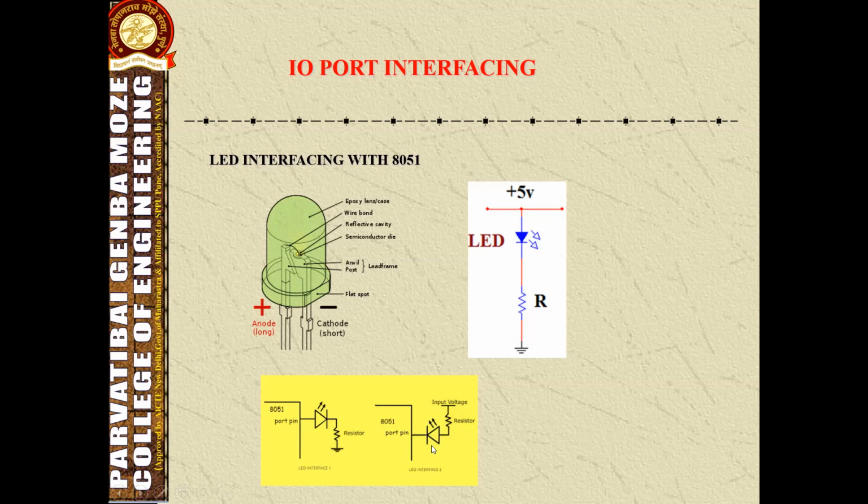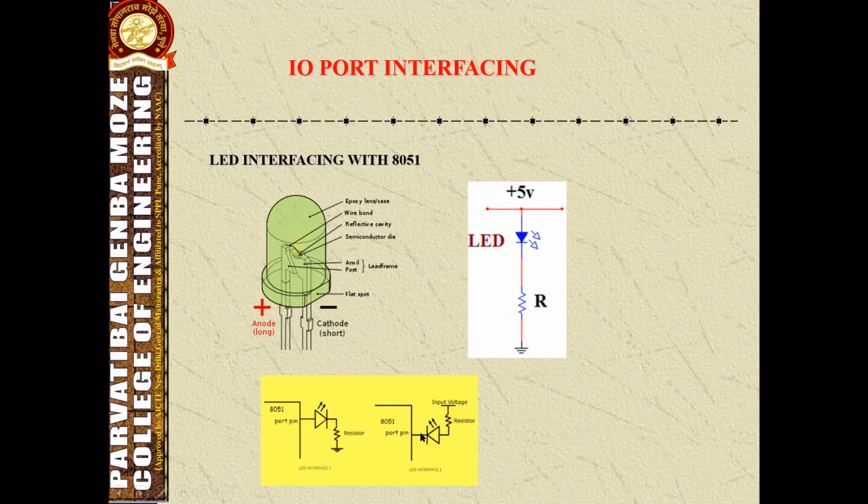When I connect this LED to a microcontroller pin, the port pin is now used as an output port, which provides an output signal. For that signal, the LED, or any device, will operate.